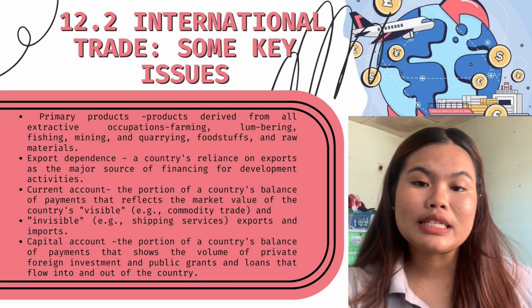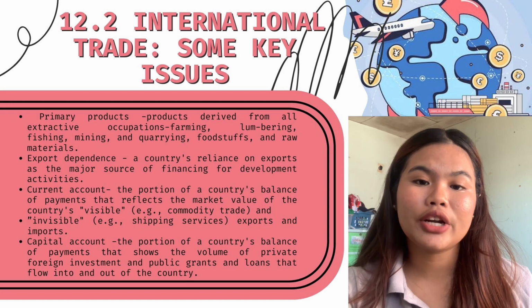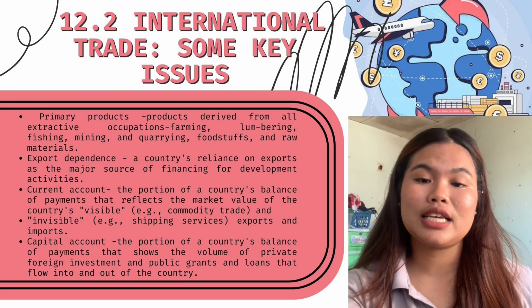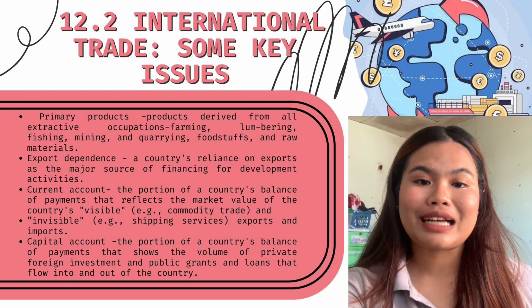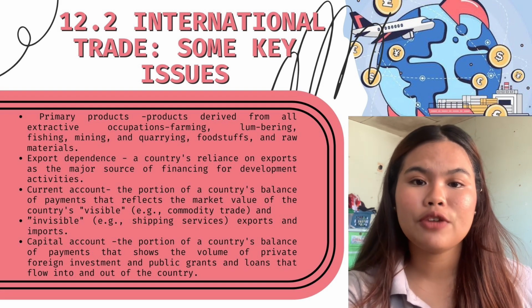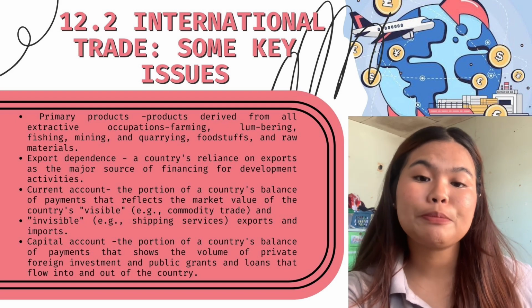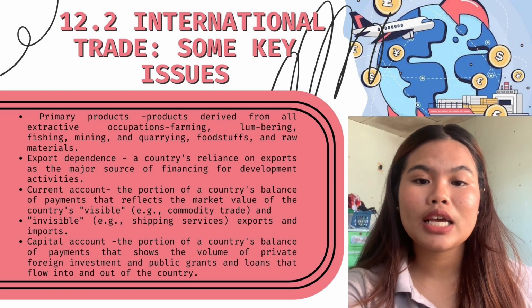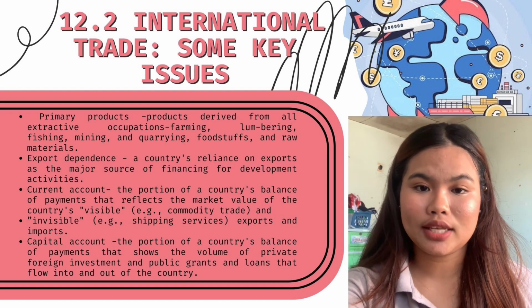UNCTAD's recent report on the state of commodity dependence in 2019 assesses the current situation and analyzes its evolution over the past 20 years. Two main facts stand out: commodity dependence is mostly a developing country phenomenon, and it is persistent. Once a country is in this state, it's hard to break the chains of this dependence.